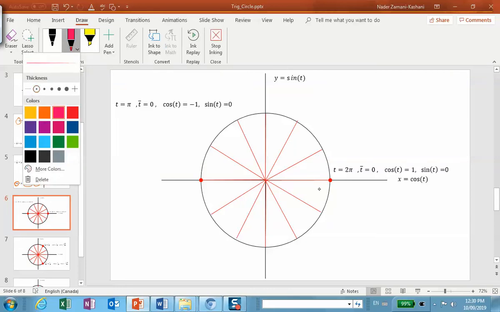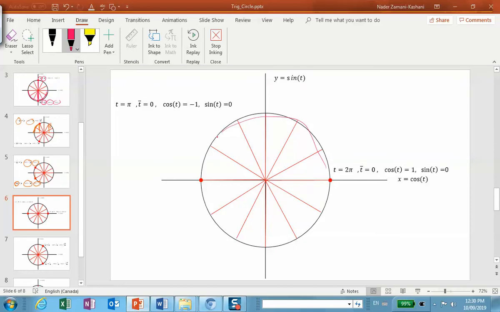So notice that this is the value of the parameter right here. This is the value of t is pi, and the reference angle, the reference number, is 0. Shortest distance to the x-axis is 0, so we are looking at the answer for these two at the same time.